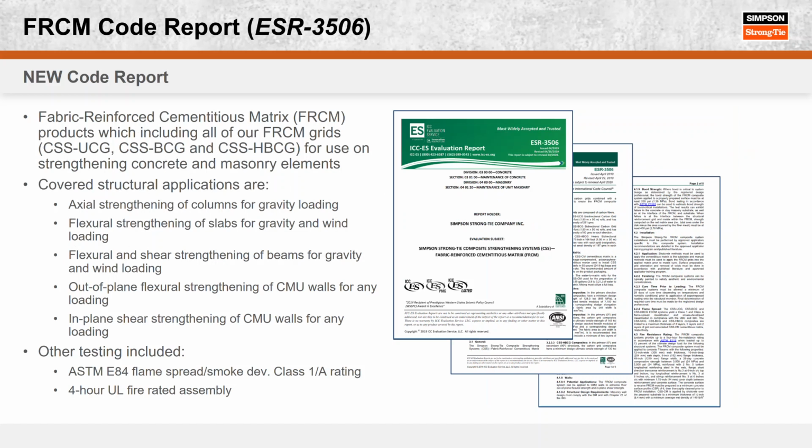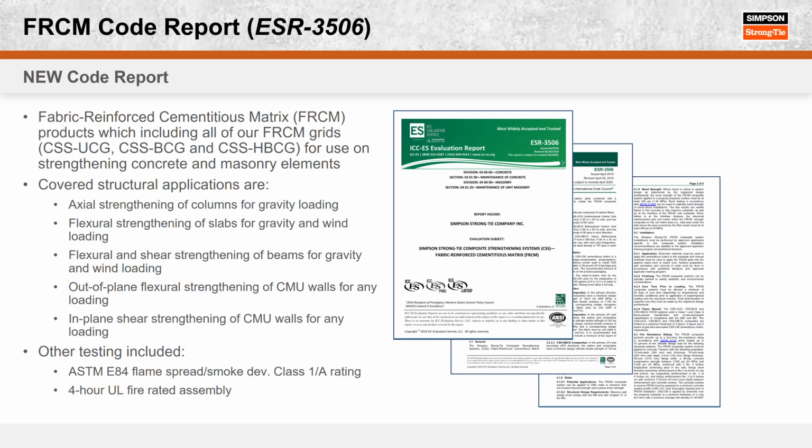This is a slide I grabbed from another presentation, but our FRCM code report is ESR 3506, and that's a fairly new code report for us. It covers our FRCM products, fabric reinforced cementitious matrix, which is sort of a mouthful. It has all of our FRCM grids, so CSS, UCG, BCG, and HBCG.